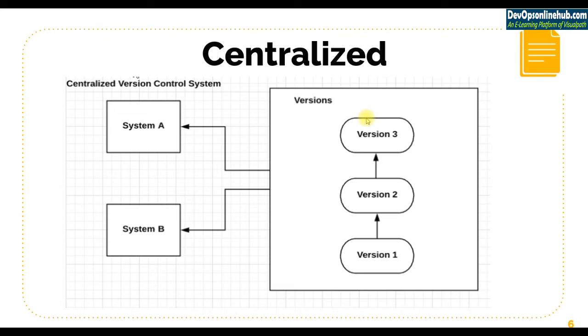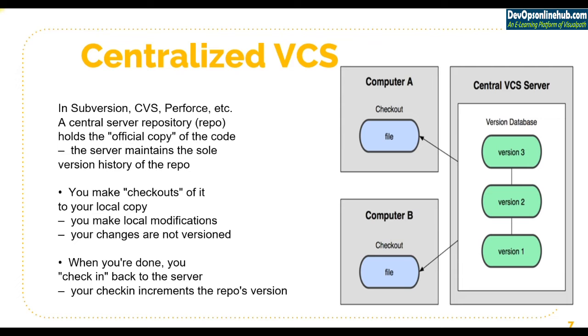There will be a server that will be maintaining the versions of your files, and then you have different people with their own systems, so they will be accessing the version, checking in and checking out the changes that they are making to the server and not locally on their computer. So most of the time we use centralized version control system when we are working on projects. Examples are CVS, Perforce, SVN. These are centralized version control systems.